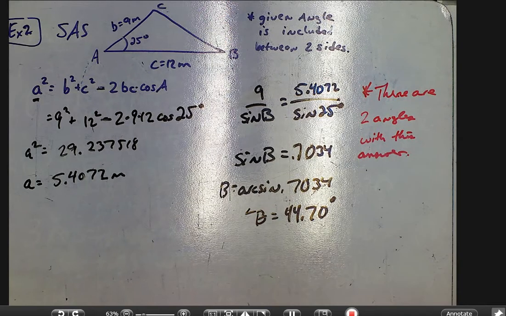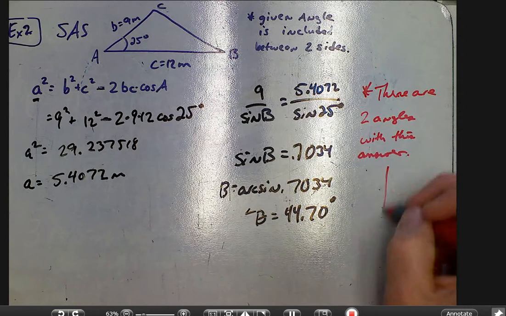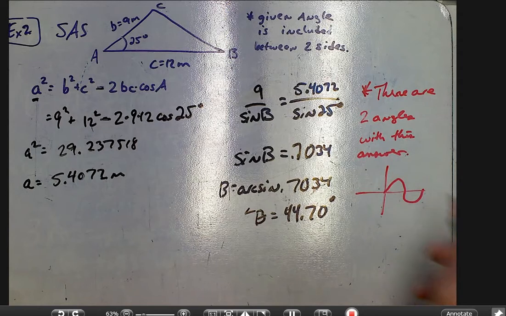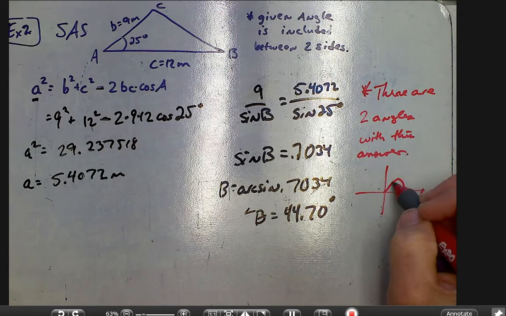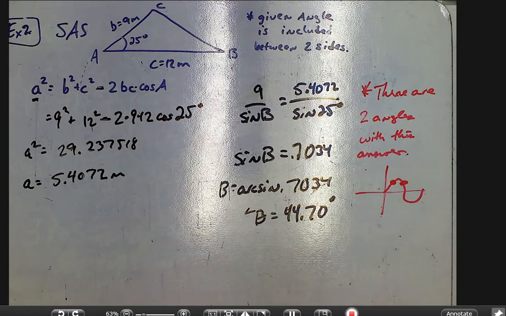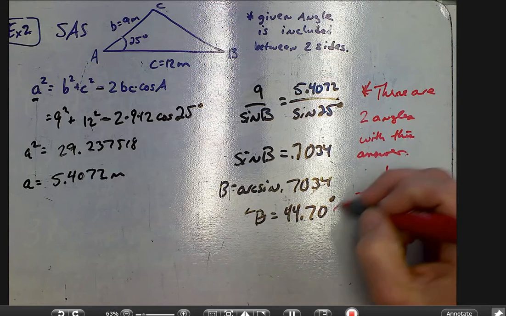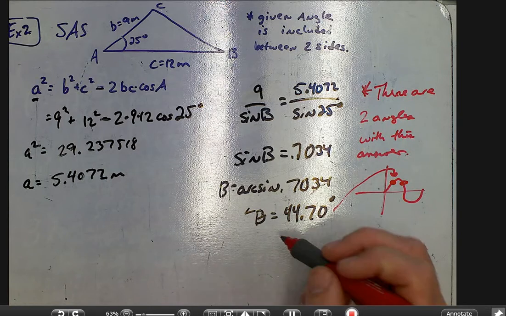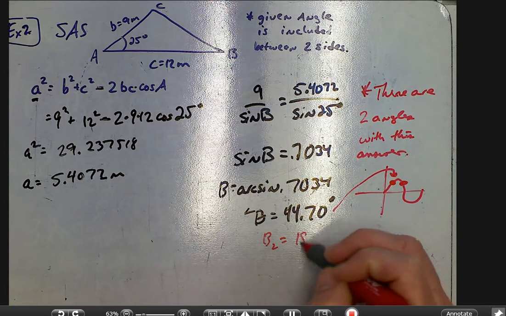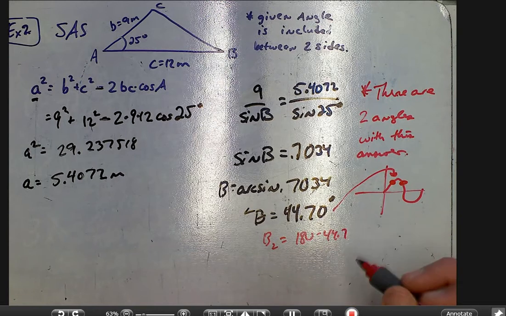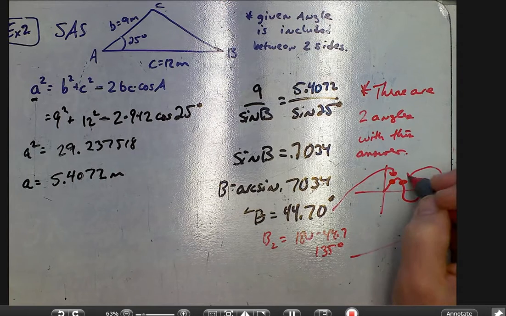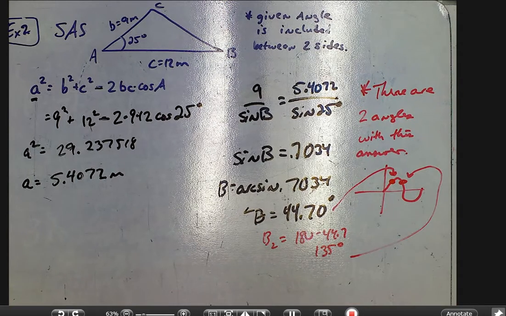And the reason being, if I were to graph a sine function that looks like this, 0.7034 is here and here, those 2 red dots. The 44.7 degrees is that first one. What's the other one? Well, the other possibility for B is 180 minus 44.7, which is 135 degrees approximately, and that's that one. How do I know which one I'm supposed to use?